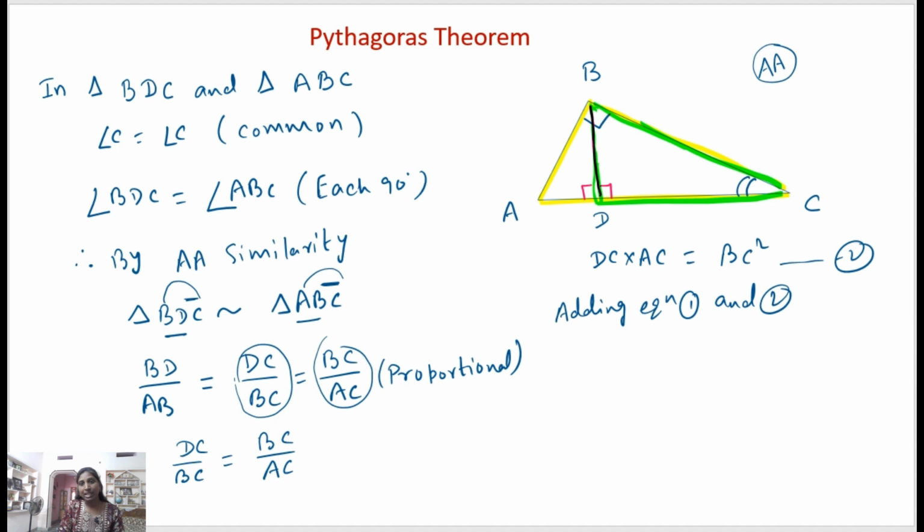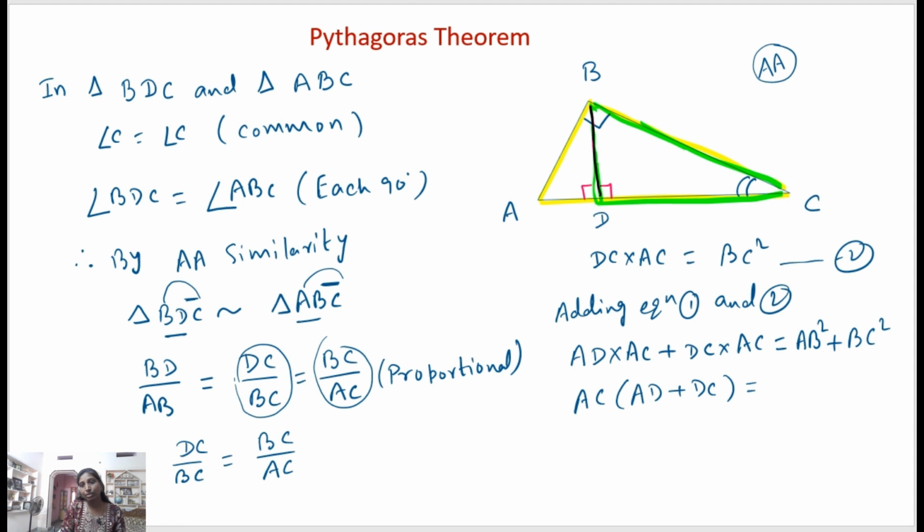It means in the last slide we have AD into AC, then plus, here in equation 2, DC into AC is equal to, in equation 1, AB square. Now what is in equation 2? In the right hand side, BC square. Now here what is common? You can see here AC is common. So take AC common, we will get AC into AD plus DC is equal to AB square plus BC square.